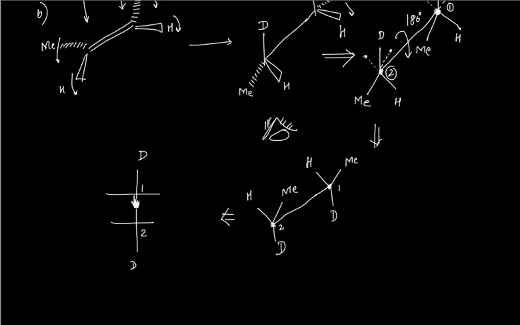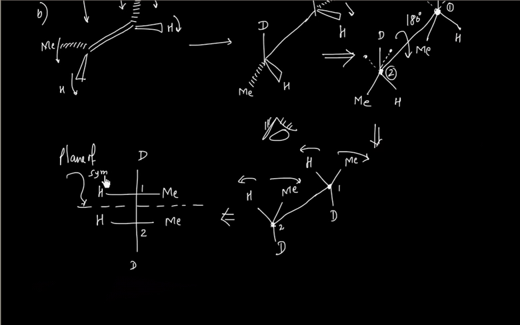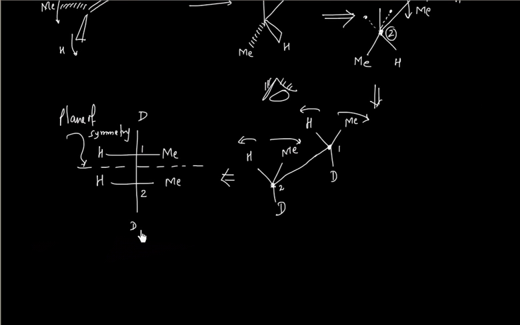On carbon 1 we have hydrogen on the left side, deuterium on the right side, methyl on the right side; on carbon 2, the left side is hydrogen and the right side is methyl. So this time again we have a plane of symmetry. So this compound is again a meso compound.